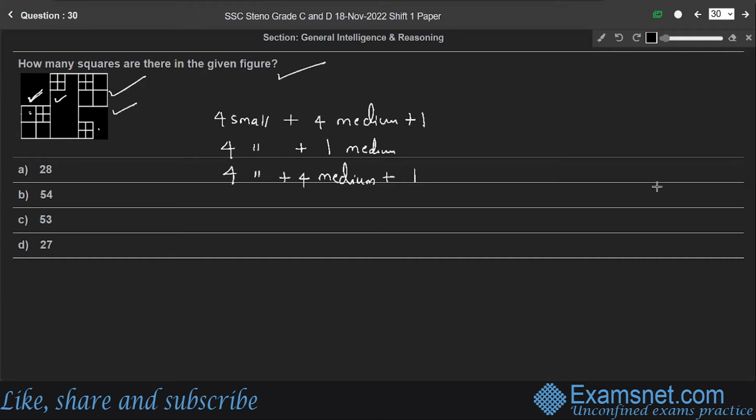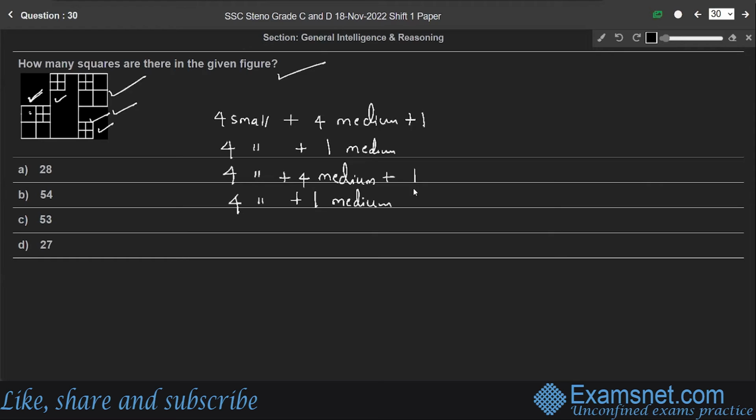So let us consider this part of the figure, in which we have 4 small squares and 1 medium square. By adding all these 4 small squares, we'll get 1 medium square.